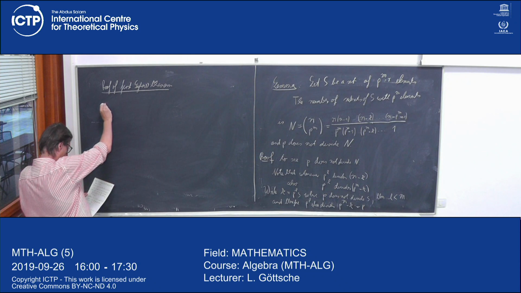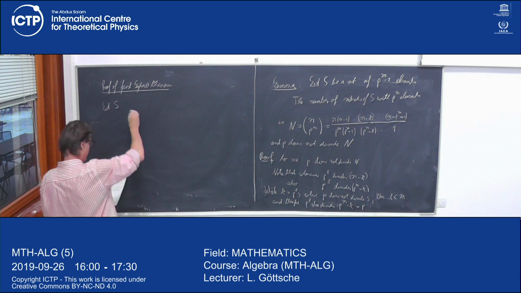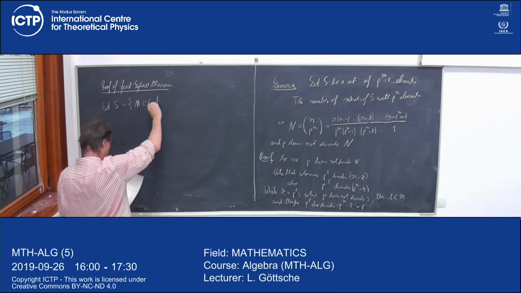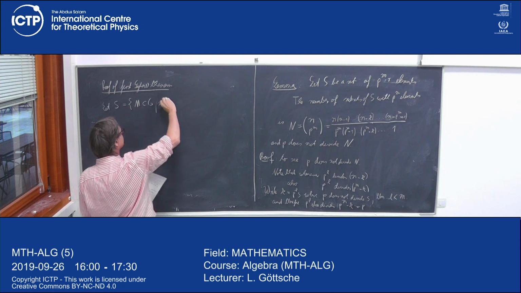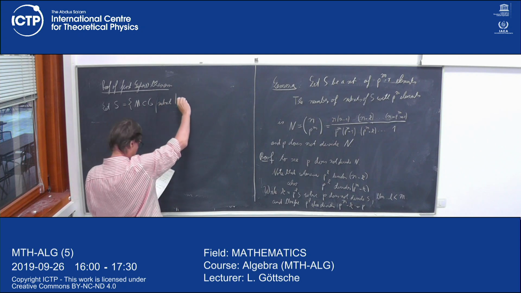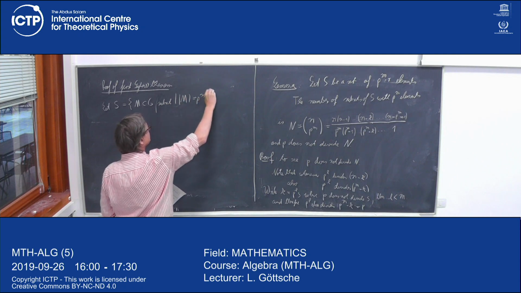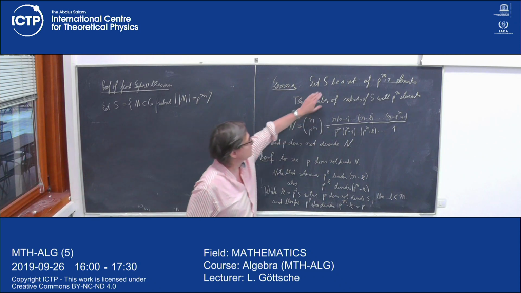So let S be just the set of all subsets M in G which have p to the m elements. So this set is here.